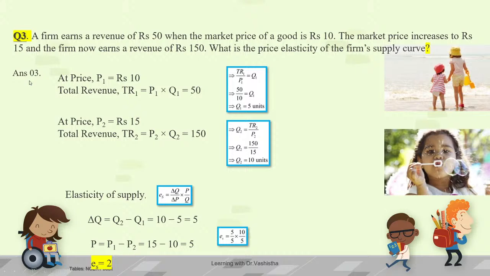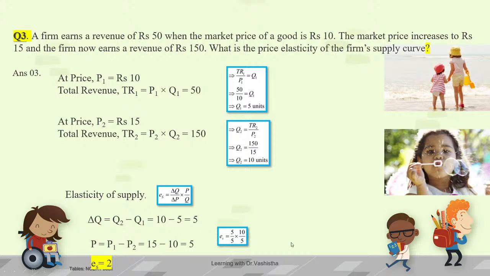I'm sorry, there is a little error here. So P2 is rupees 15 and P1 was rupees 10. This is delta P equals P2 minus P1, which is 15 minus 10, equal to 5. So we have got delta P from here.